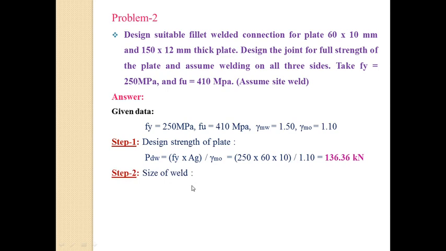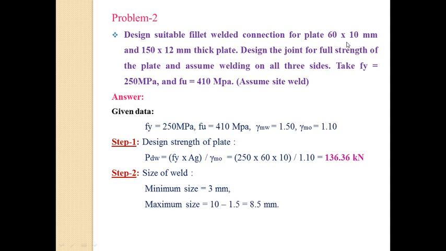Step number 2: the size of weld is also not given, so we have to assume it. We know the criteria for minimum size. The minimum size of weld should not be less than 3 mm, and the maximum size, if it is a square edge, applies here since the plate has a square edge.